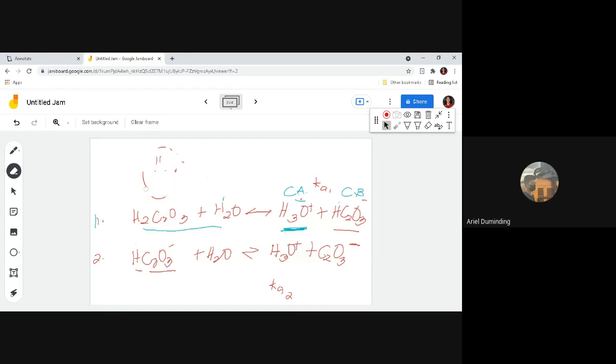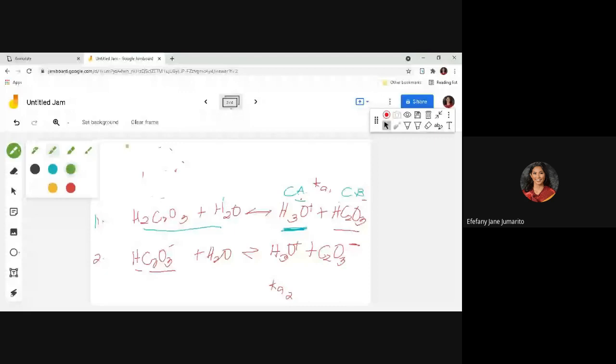H2O and HC2O3 minus. Okay, I'll write how it's up. So we have the conjugate acid base pair.